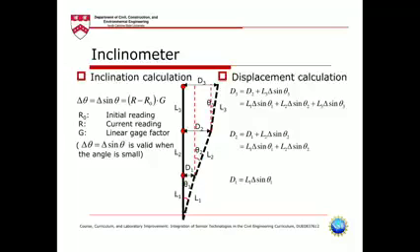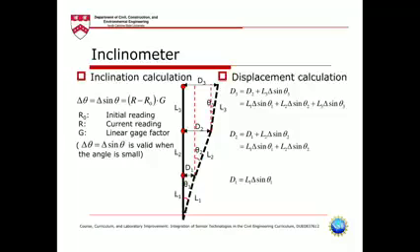D1, starting from the bottom, is L1 into delta sine theta 1, where we have the readings of theta 1 and L1. So we can calculate D1.